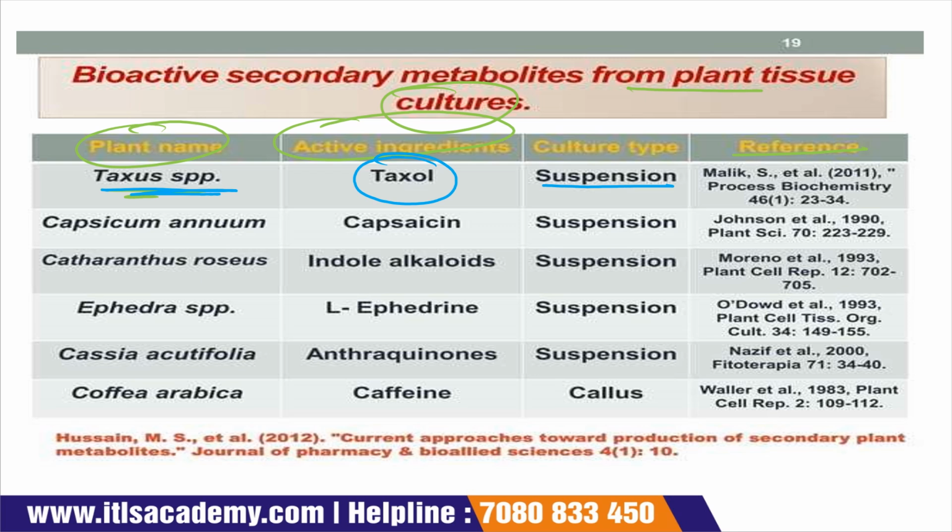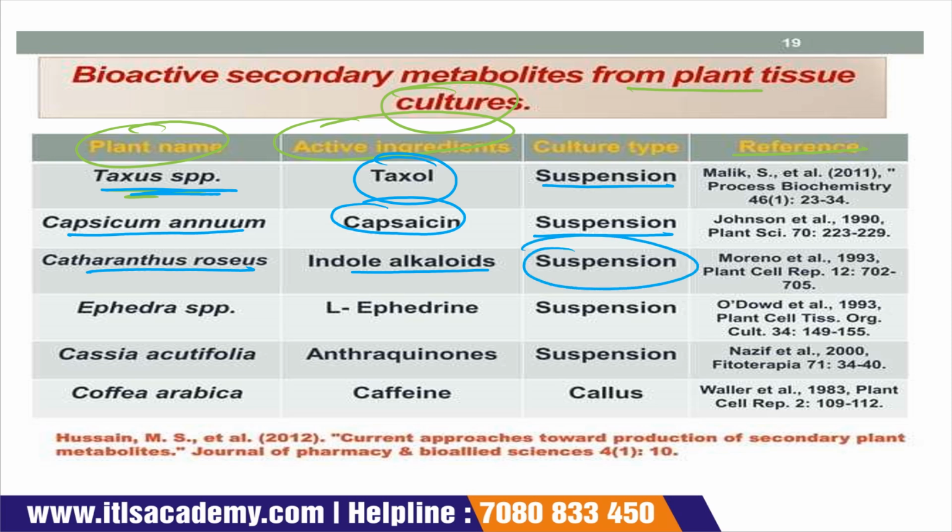Now the next plant name is Capsicum annuum, and the active ingredient in Capsicum annuum is capsaicin, and the culture type is suspension. The third plant name is Catharanthus roseus, and the active ingredient in that plant is indole alkaloids, and the culture type is suspension.